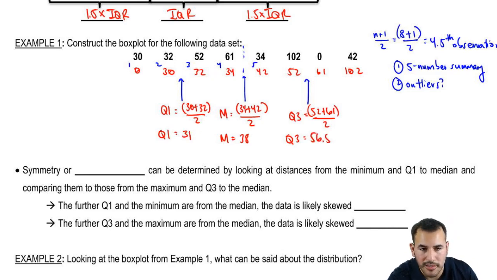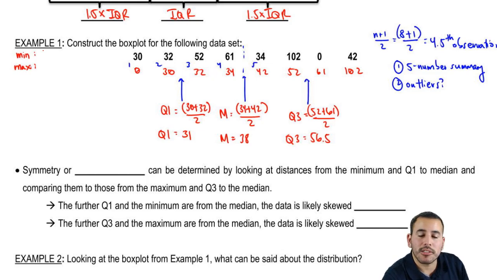Don't worry, I didn't do that in my head. Not that smart. So we got our Q1, Q3, our median. The other two are the minimum and max, right? So I'm just going to write these in the corner so we can save some space. Our minimum is equal to what? The lowest number in our data set.